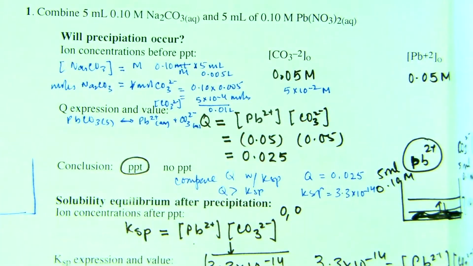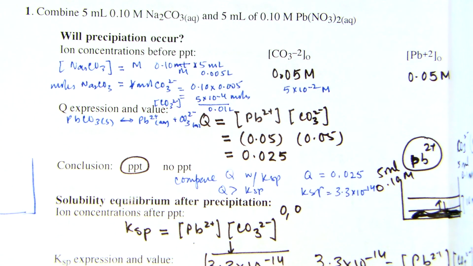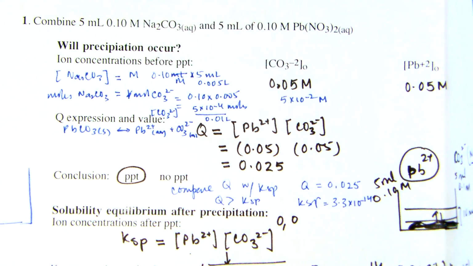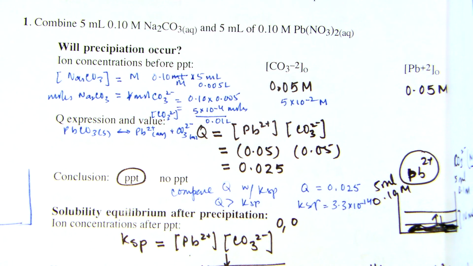Okay, now they ask you to calculate ion concentrations after precipitation. This part gets confusing. What do they mean by ion concentrations after precipitation?